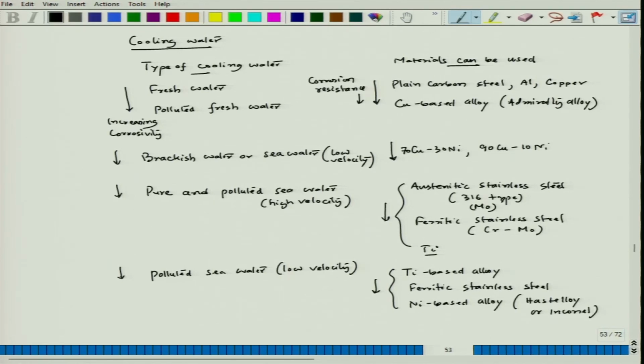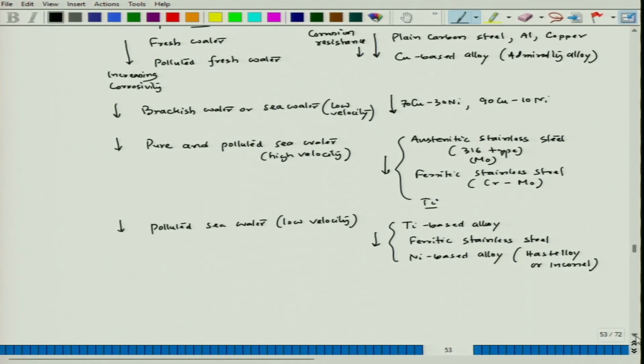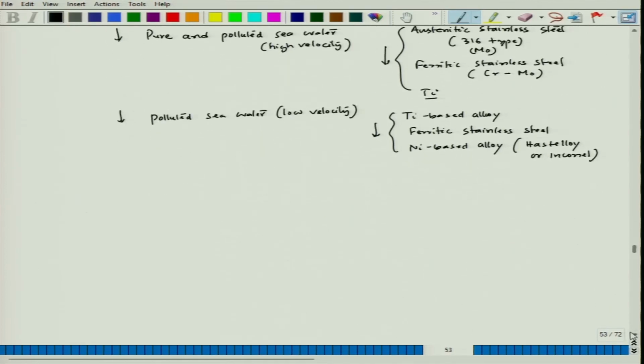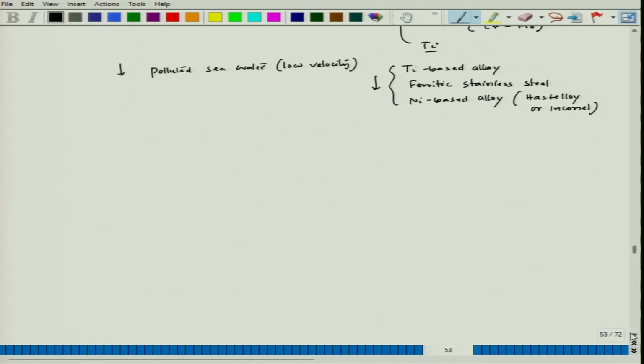So, we should go for a low cost material as well as easy available material. Now, this particular table again can be put up on this corrosivity as well as corrosion resistance plot. So, now let us see how would we take it up.